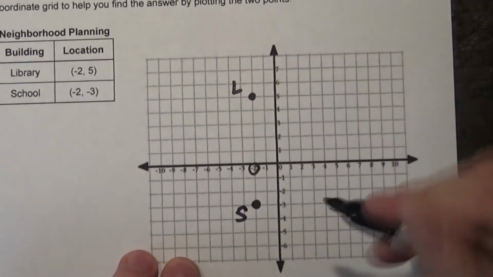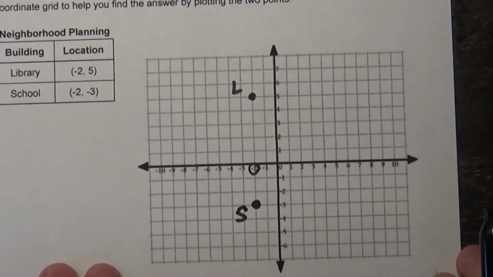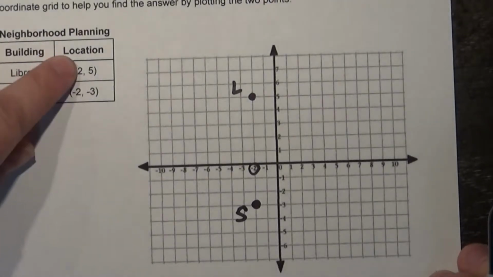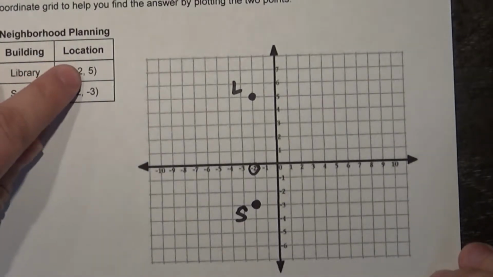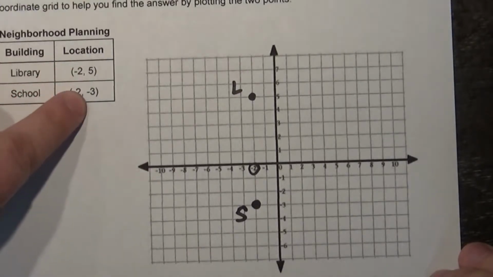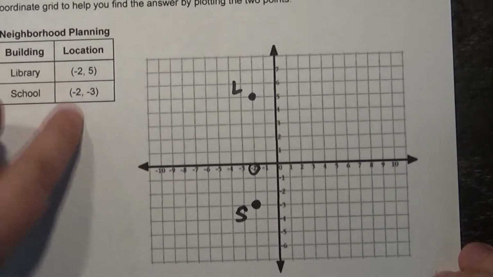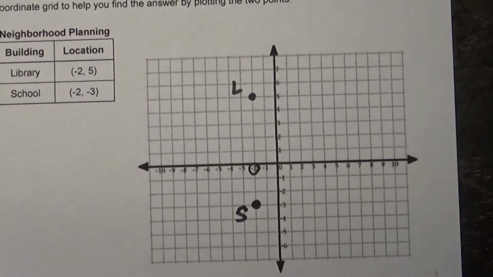Now there's 2 ways that I can find out the distance between them. I know they're both at -2, so I could actually subtract here or figure out the difference of 5 and -3. I could do that by taking 5 minus a -3. That turns into 5 plus 3. We're going to learn more about that as we study integers.